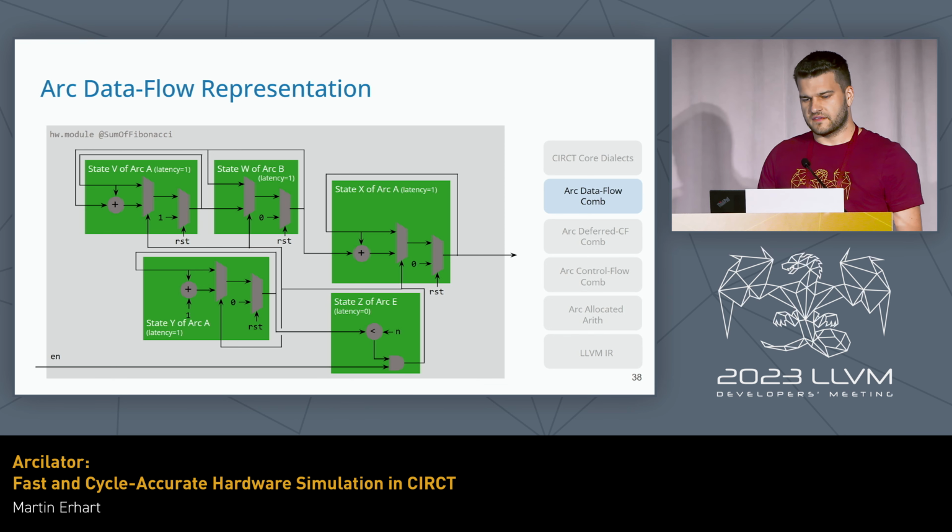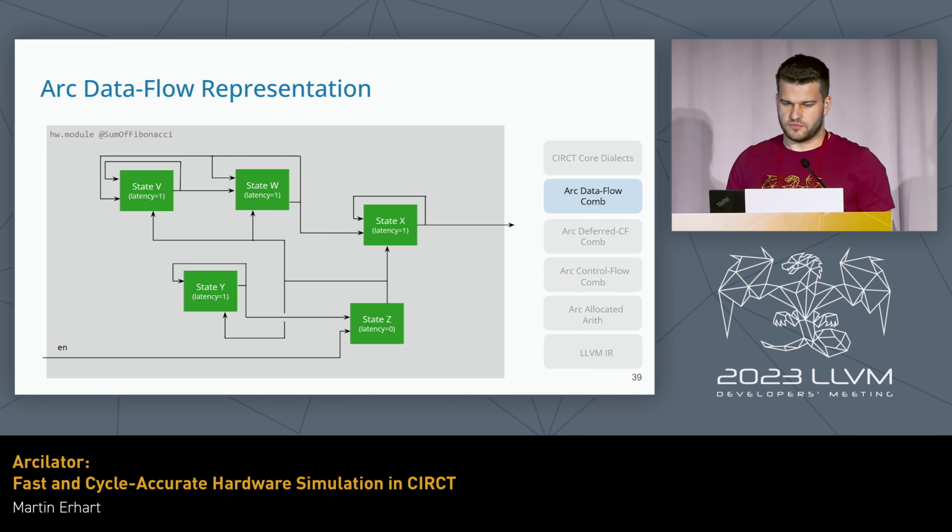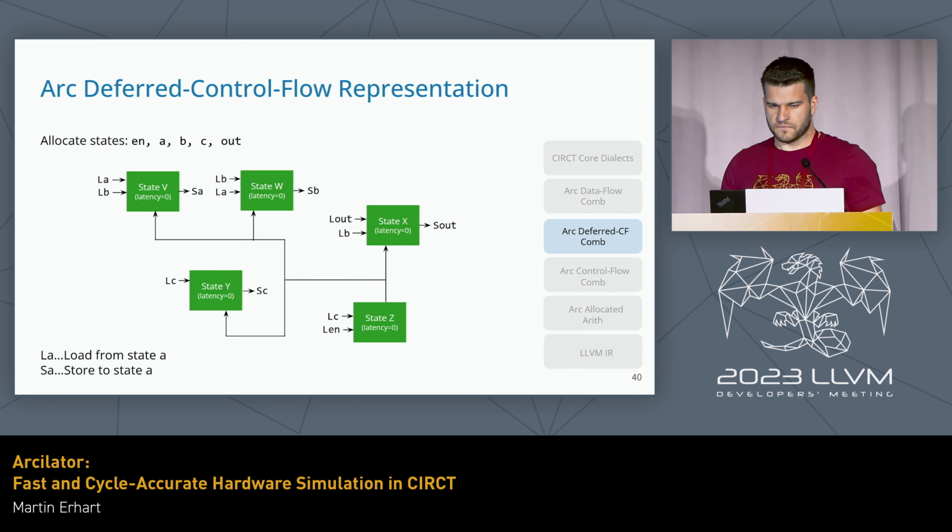So for now, let's get rid of the contents of those arcs because those are not relevant anymore for the next lowering stages in this example. But of course, they're still present in the IR. So the deferred control flow stage is the next one. You can see that we have these allocated states, en, a, b, c, and out, and loads.